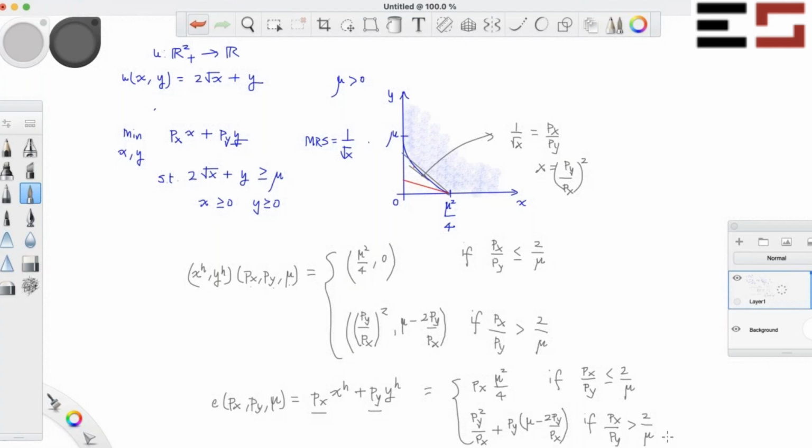Sir, how are we getting this px by py is less than or equal to 2 by mu? Can you explain that part, how are we getting 2 by mu? Because the MRS is 1 by root x, right? So what is the MRS at this point? How do you calculate it? The x here is mu square by 4, so plug mu square by 4 in, because this is the value of x at this point. So the MRS is 1 upon root of mu square by 4, which is 2 by mu, right?